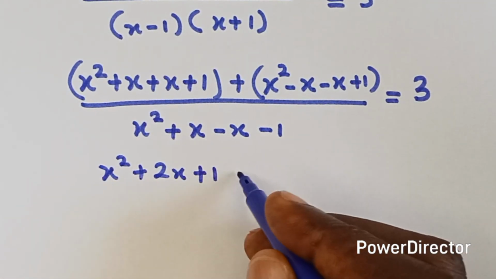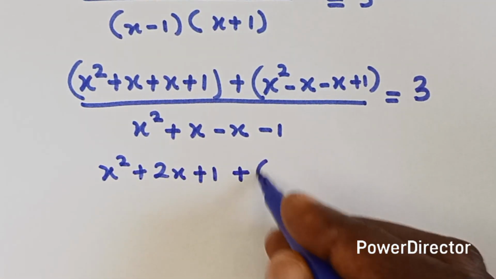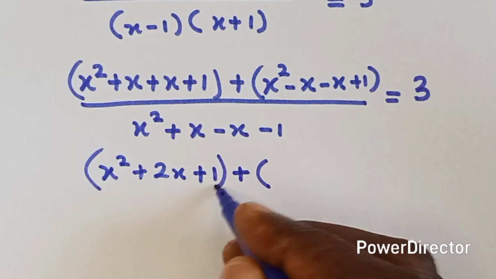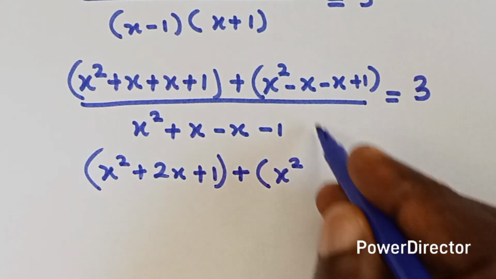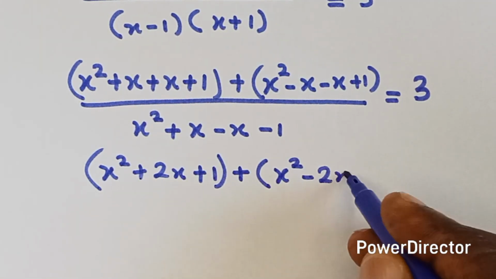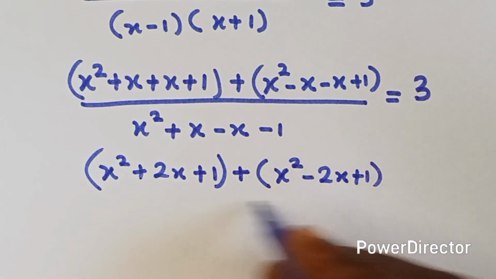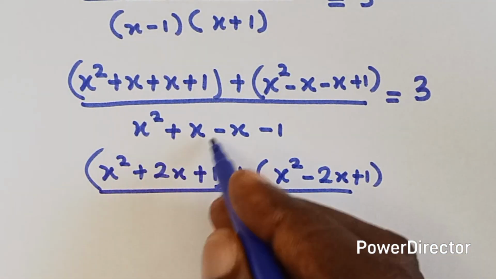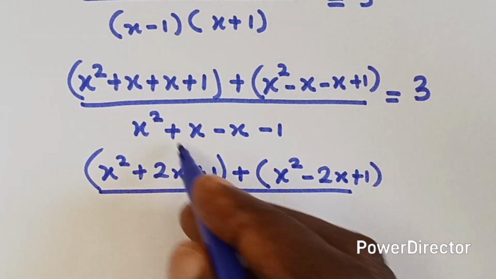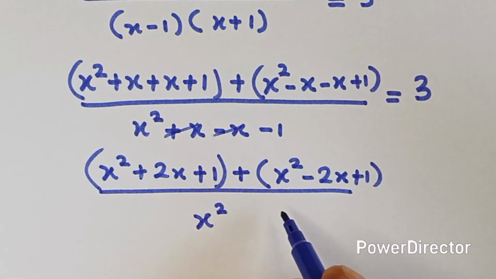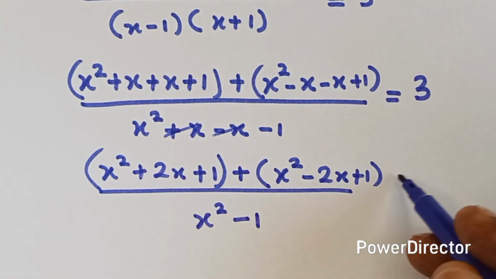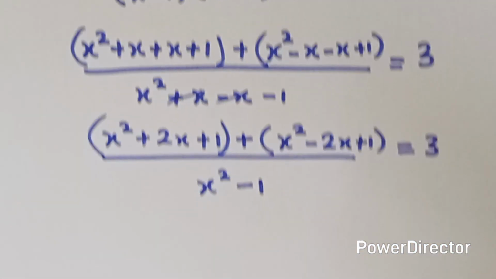Alright, so here we have x squared, x plus x will give us 2x, then plus this 1. Plus, here we have x squared, minus x minus x will give us minus 2x, then plus 1. Over, here we have x squared plus x, we cancel minus x, that gives 0, we have minus 1, everything equals 3.